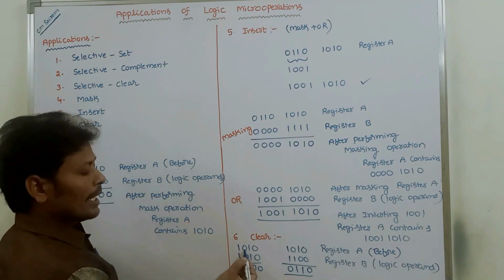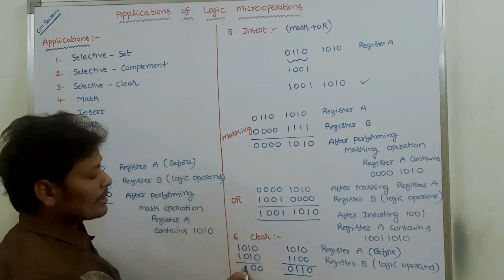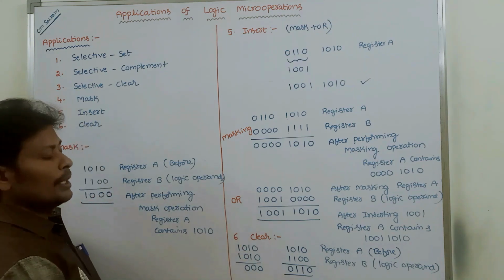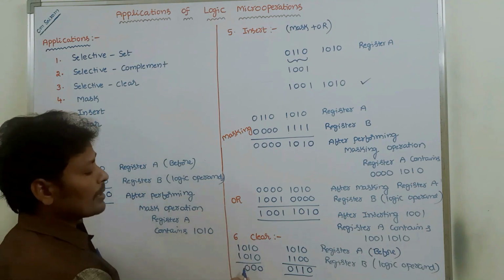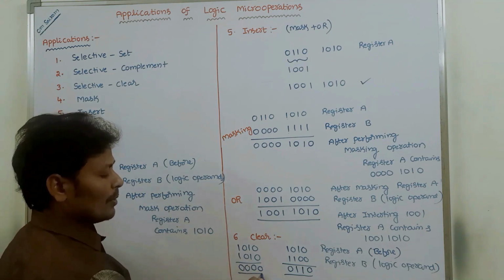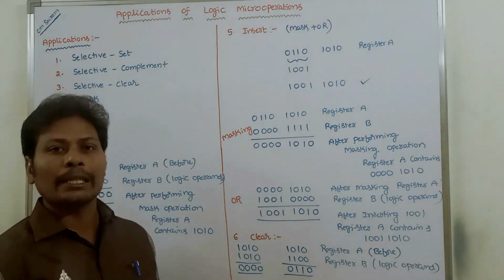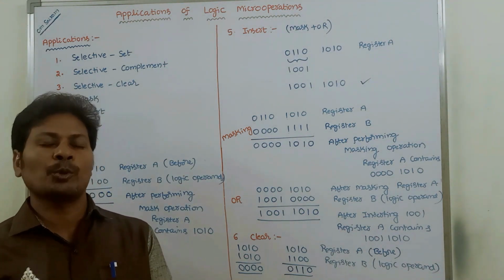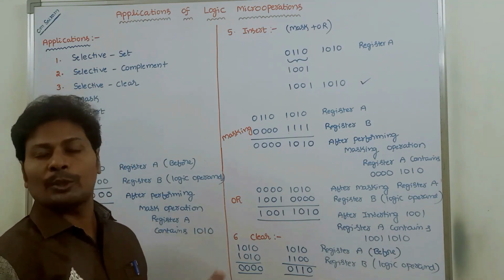Here register A contains 0 bit, register B contains 0 bit, both bits are same, we have to put 0. Register A contains 1, register B contains 1, both bits are same, we have to put 0. If both bits are same, we have to clear to 0, that means we have to put 0. Both bits are different, we have to put 1.